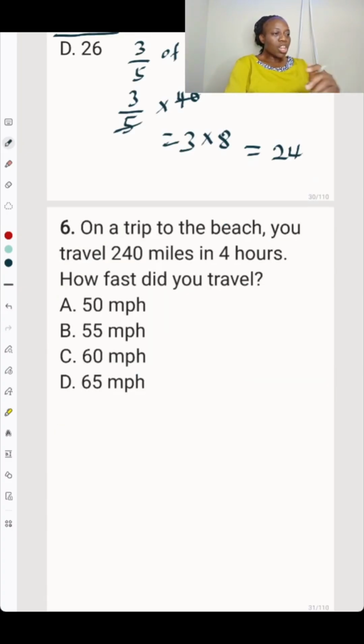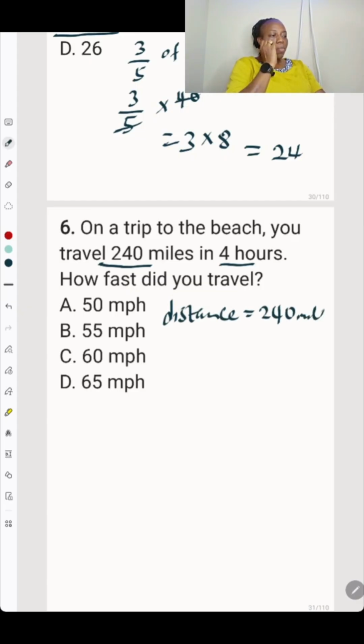So that means on a trip to the beach, you travel 240 miles in 4. How fast do you travel? How fast? So that's going to be what? That's going to be distance there is 240 miles. Then time is 4 hours.